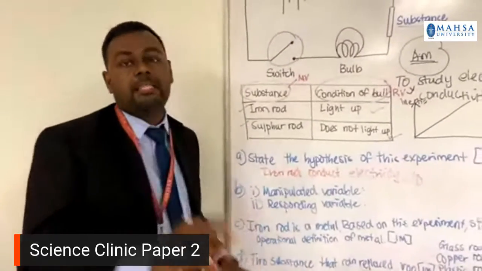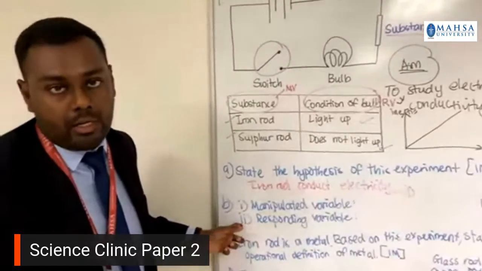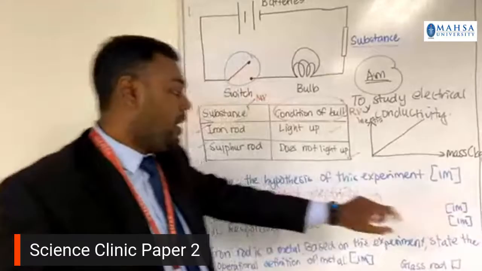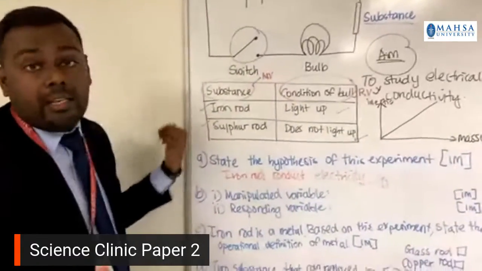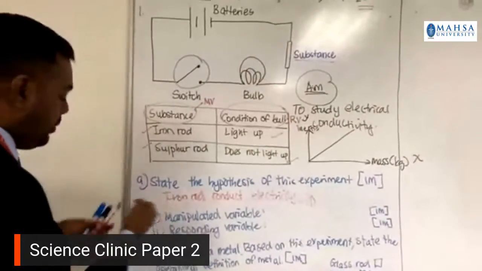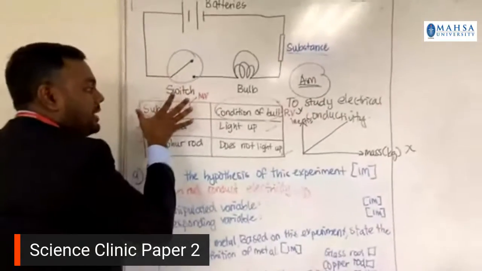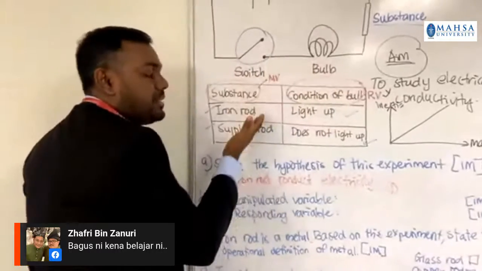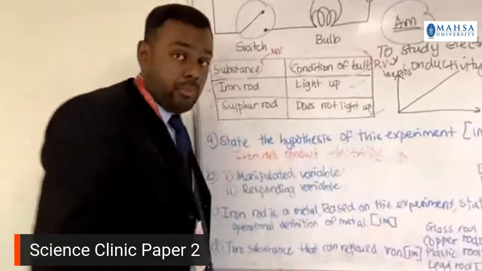The next question is a bonus question where they ask you for the manipulated and responding variables. The total marks here is 2 marks. Why am I saying bonus? Because the answer is already in the question itself, as I explained earlier. The left side is the substance and the right side is the condition of the bulb. So the left side is the manipulated variable and the right side is the responding variable.